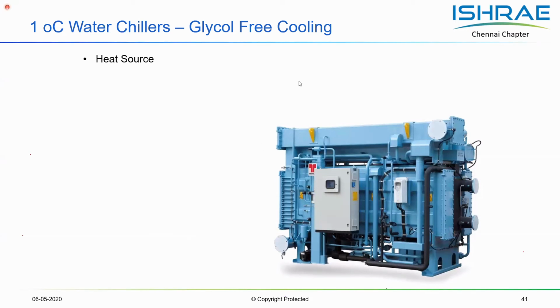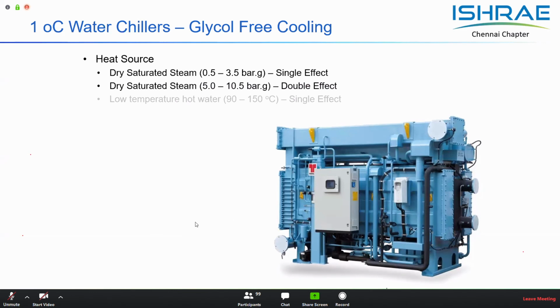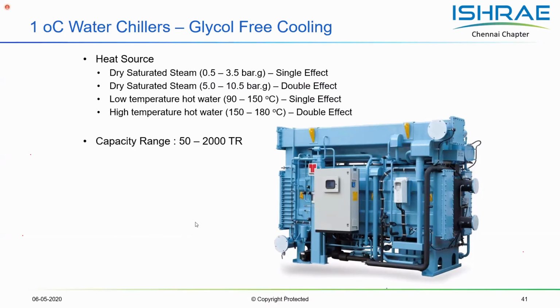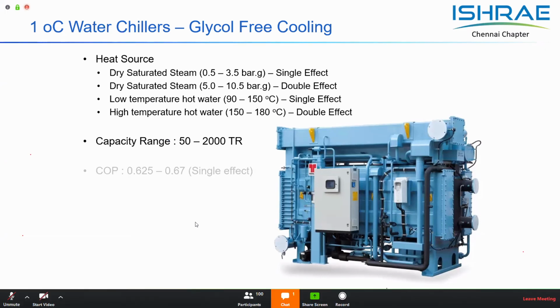So that is this aspect. These are called 1 degree water chillers, where the heat source is the same. Whatever we have discussed earlier can be used as the heat source, and you can generate pure water at up to 1 degree Celsius as the output.